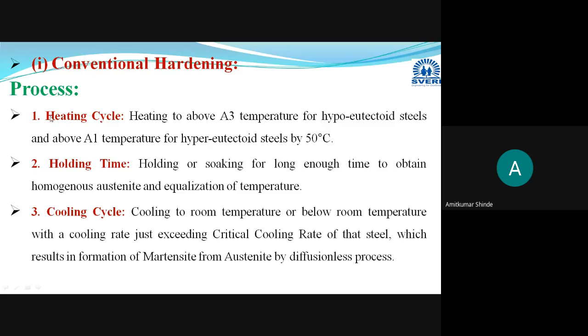Now in the heating cycle, you have to explain the heating temperature zone, which temperature zone you are going to select. Now for better understanding, the conventional hardening temperature zone, or its heating zone, will be same as that of the full annealing.